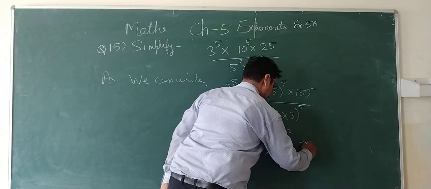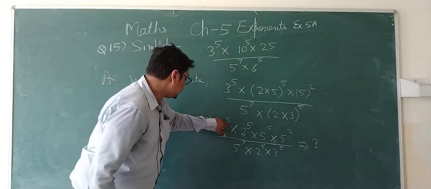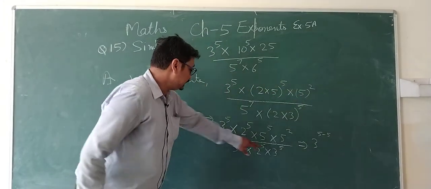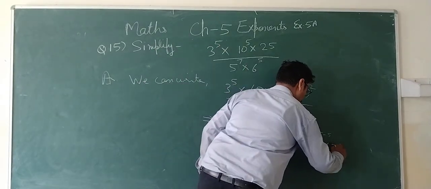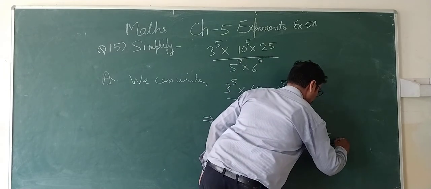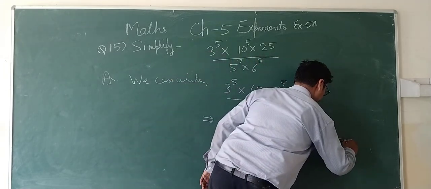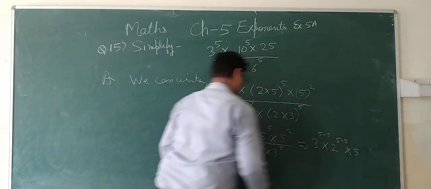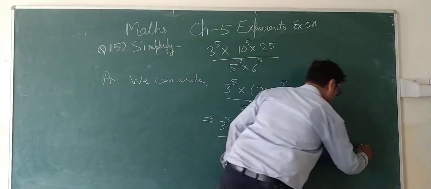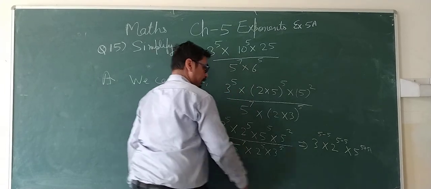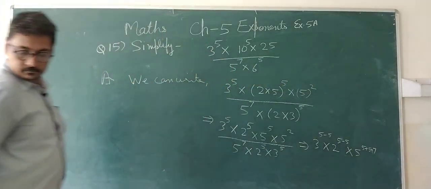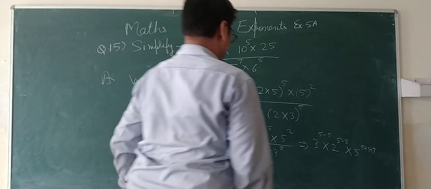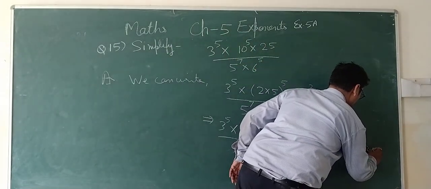Now we can write 3^(5−5), because it is in division, 2^(5−5), and here also 5, where the powers 5 and 2 get added and 7 gets subtracted: 5^(5+2−7).